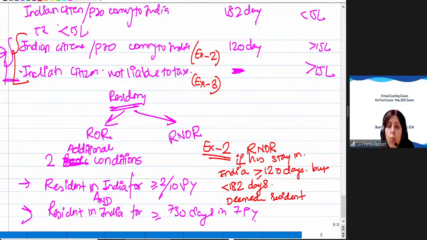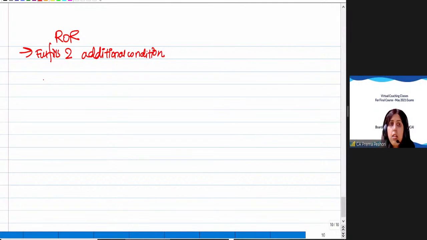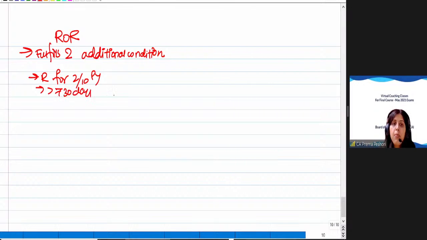Clear? So who will be considered as resident and ordinary resident? ROR is one who fulfills two additional conditions, of being resident for 2 out of 10 previous years and present for 730 days in 7 previous years.